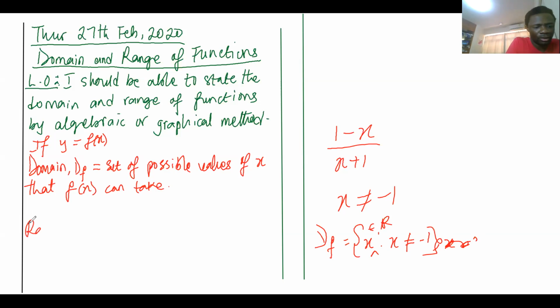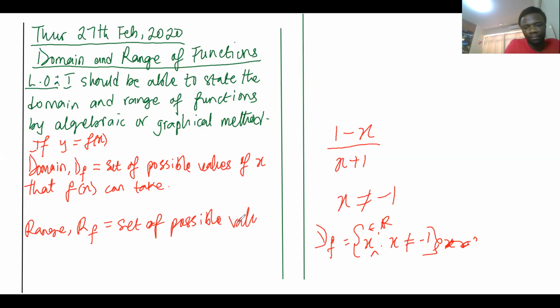Range, like Lillian said, is the set of all possible values of y. Remember, y is f of x.